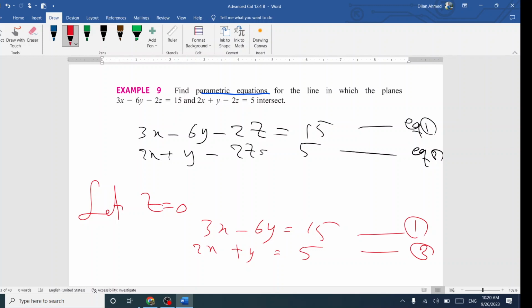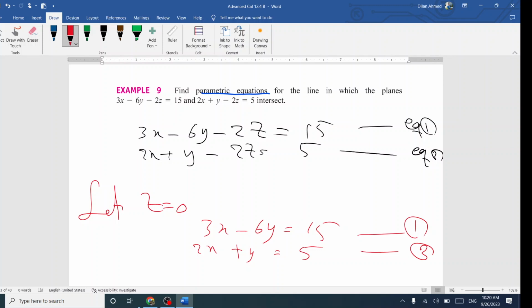For any parallel line parametric equation, we need two things: a vector and a point. Here I have a vector we found in example number 8, by crossing the normals.